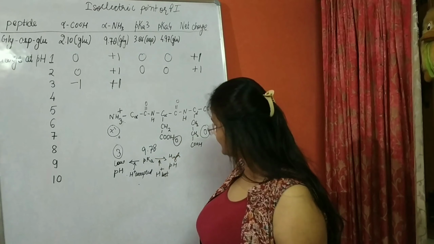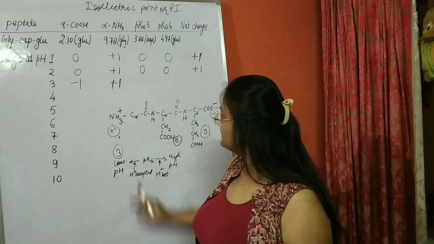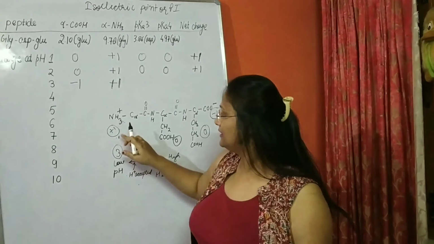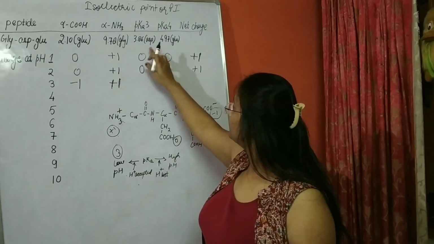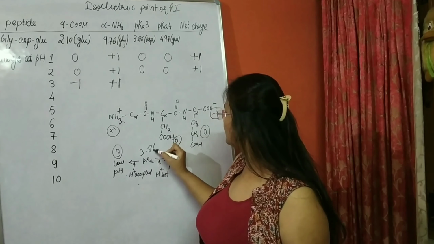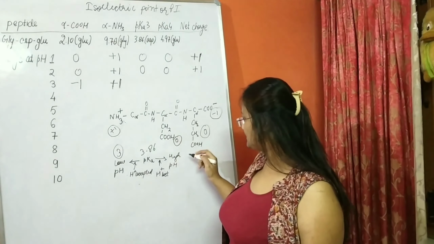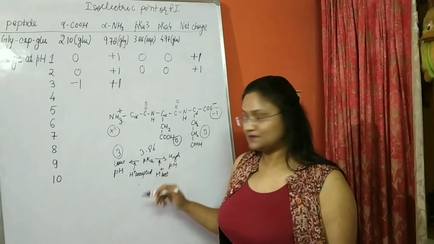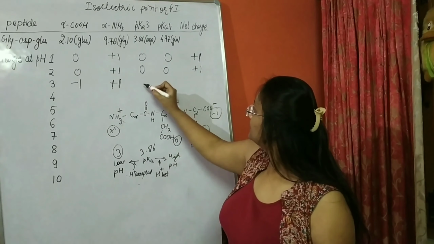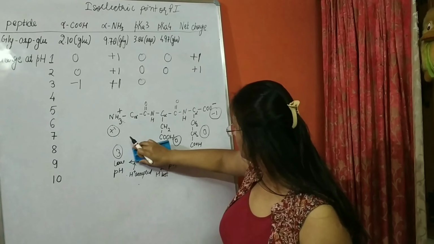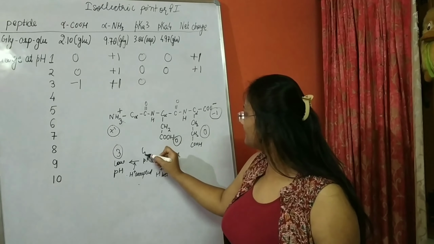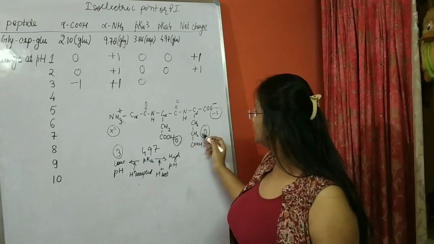For 3.86 also, COOH will remain like this. It won't lose H plus. It will accept the H plus. So 0, here 0. For 4.97 also, it is 0.